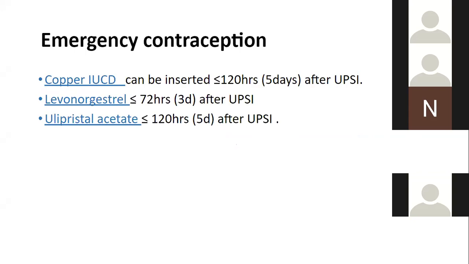So it is actually effective for up to 5 days. Or the levonorgestrel pill that can be taken for up to 3 days. Or the pill ulipristal acetate, which can be taken up to 5 days. So a woman who's had unprotected sexual intercourse, these are options available to her.